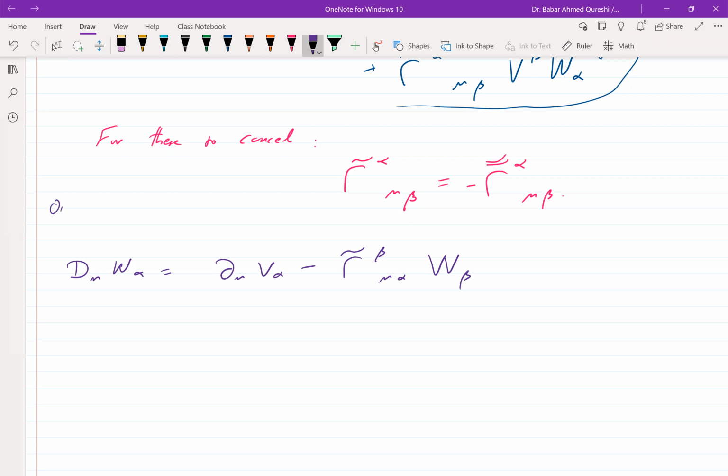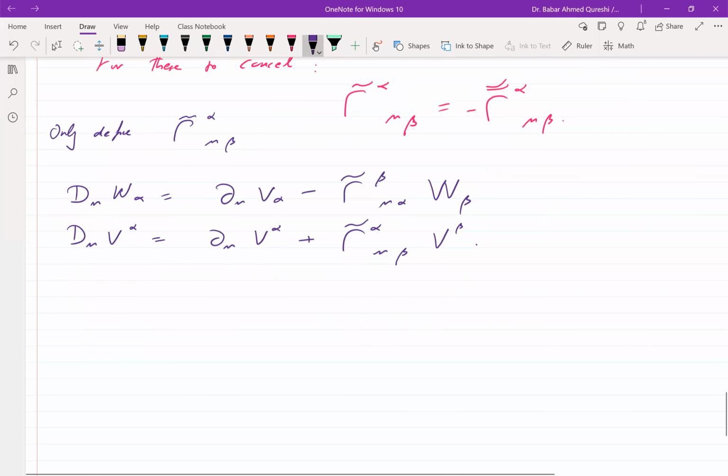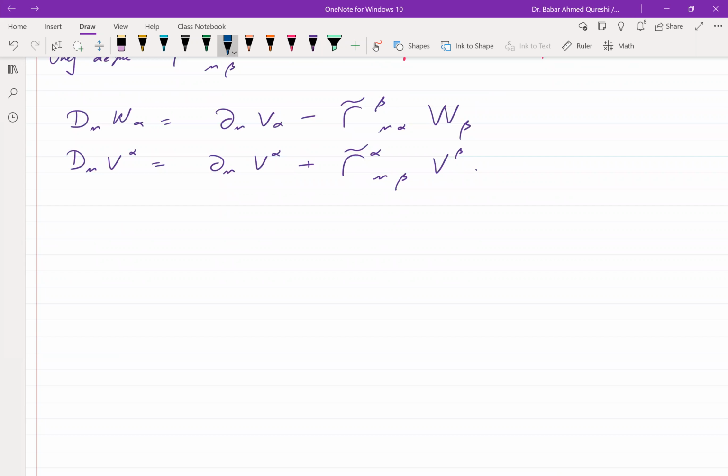So just only define these guys and then define these two equations. Like this. Then you can keep going.